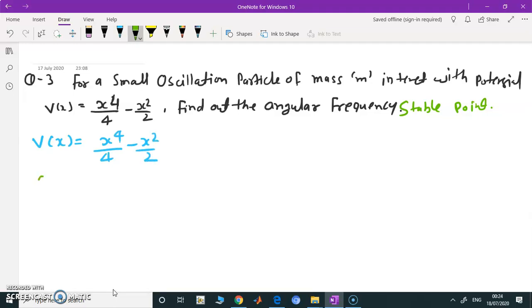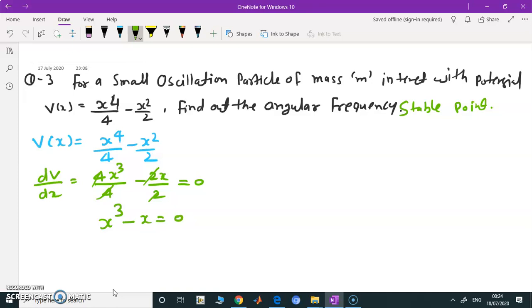Now I will take the first derivative. So what I will get? 4x cube by 4 minus 2x by 2. So these cancel out, and that is equal to 0. So I will get x cube minus x is equal to 0.